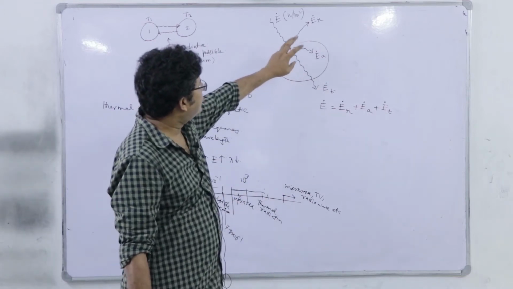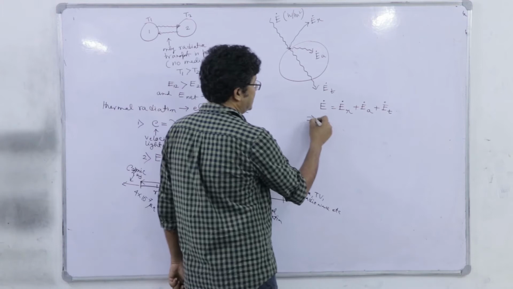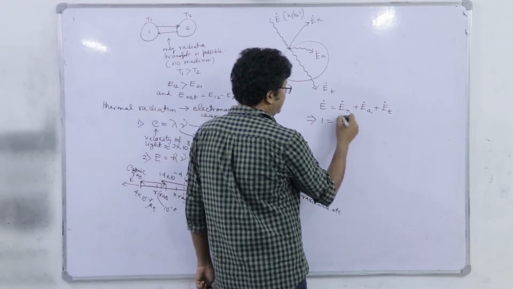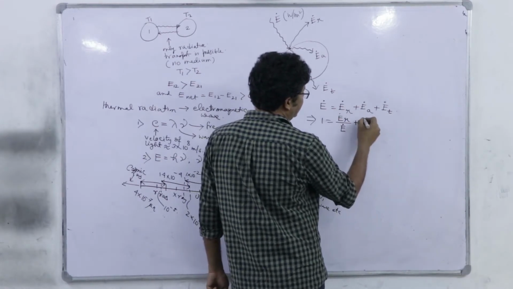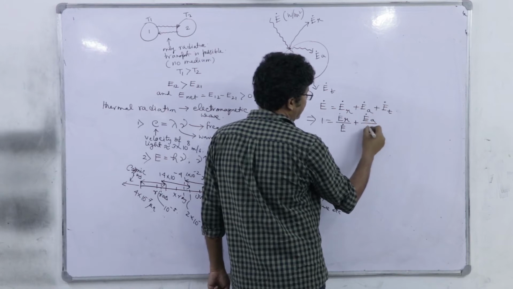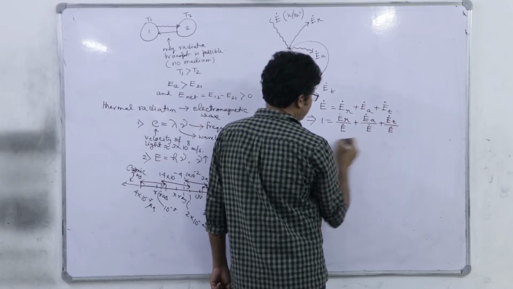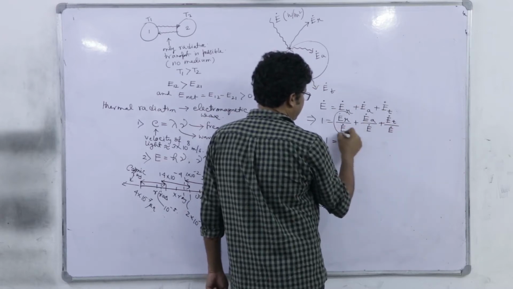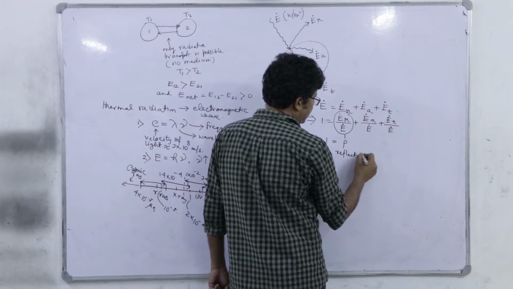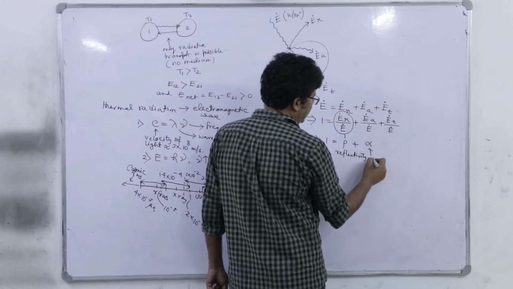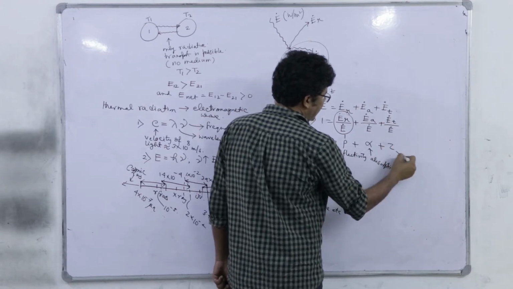Now, if I divide this entire equation by E dot, I will get E dot R by E dot, which is the fraction of energy flux reflected, then fraction of energy flux absorbed and fraction of energy flux transmitted, right. So, this is called reflectivity, this is absorptivity and this is transmissivity.